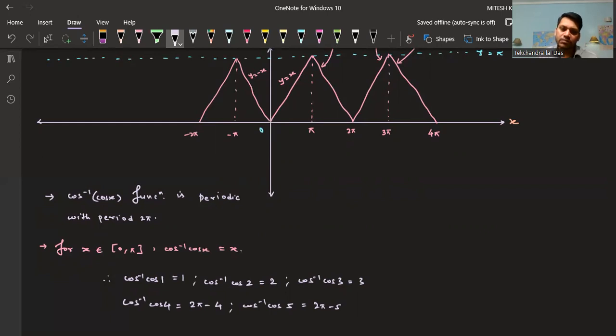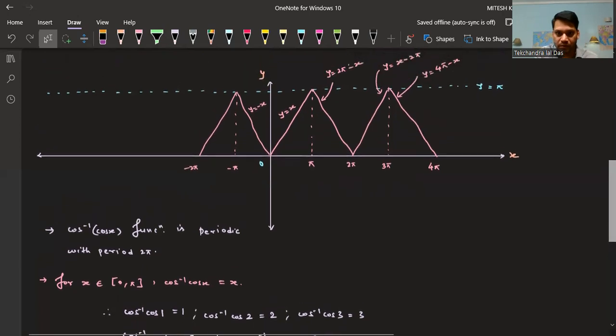Just keep in mind one trick here: the cos inverse cos x value is always an even multiple of pi minus something, or what we can say, the value minus an even multiple of pi. Like this branch: if the value is on this branch, see the branch here, we have written the equation of that branch.